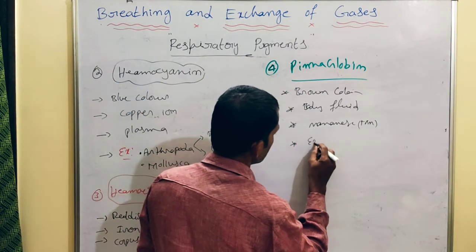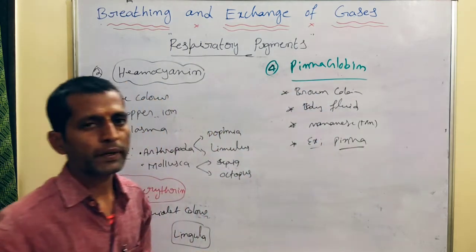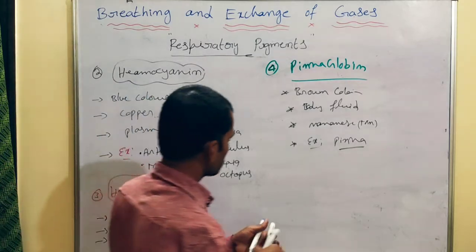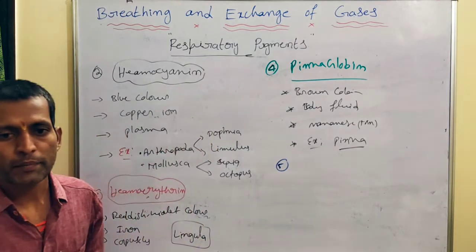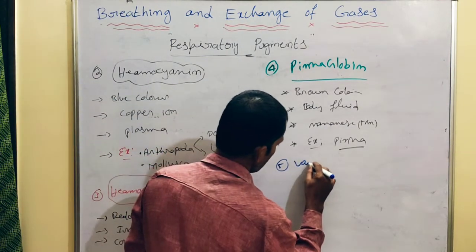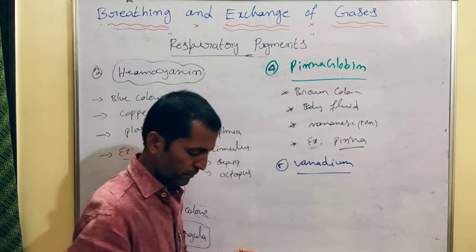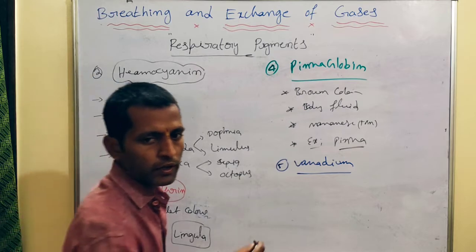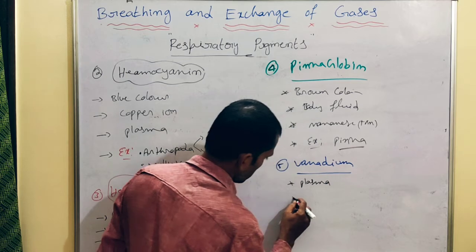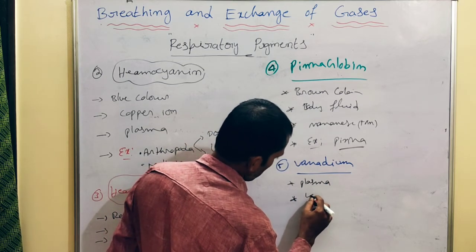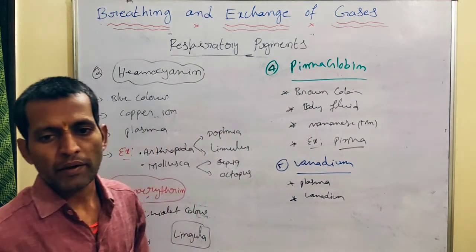The example is Pinna. So come to the fifth one. The fifth respiratory pigment is vanadium pigment. It is found in the plasma of the animal. The metal ion is vanadium.